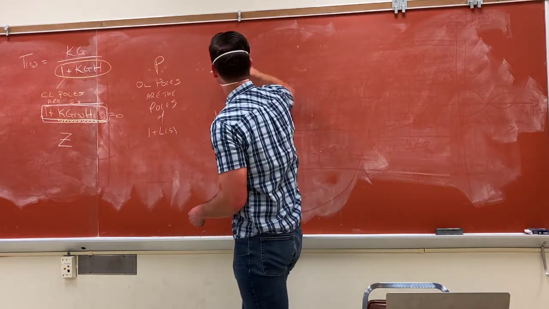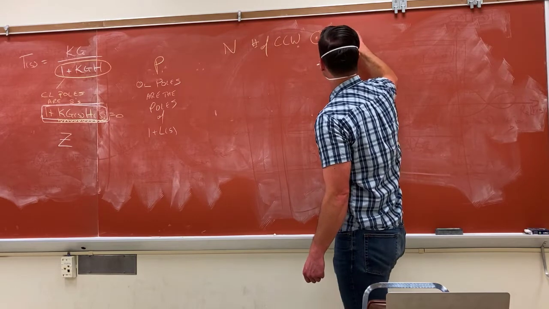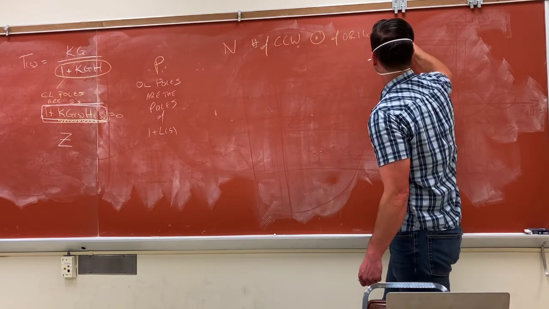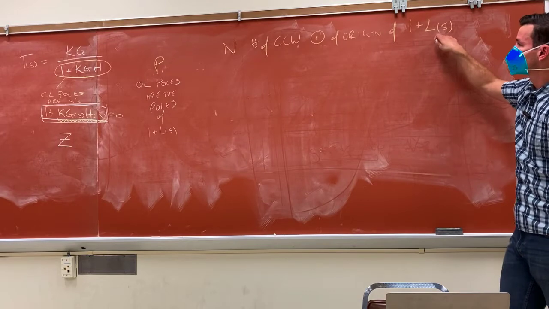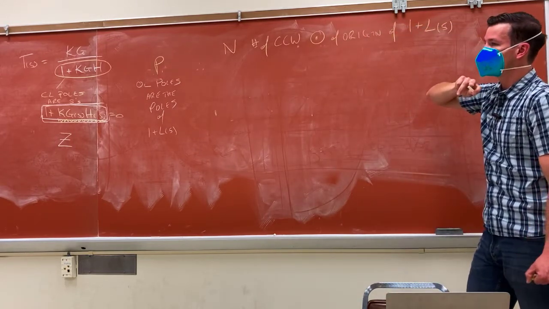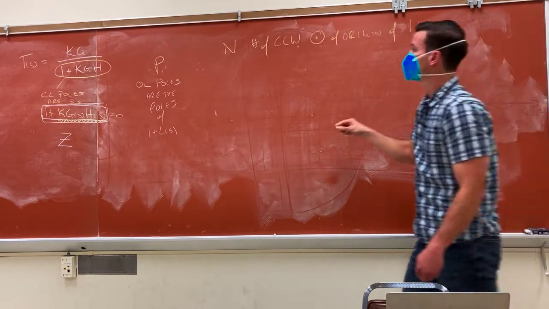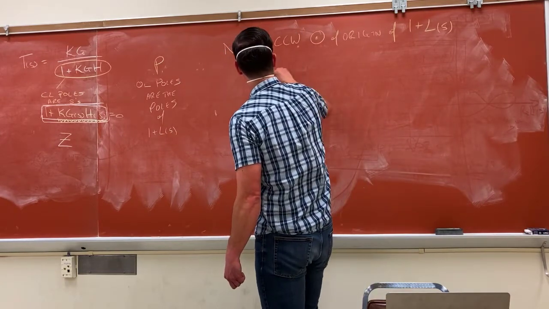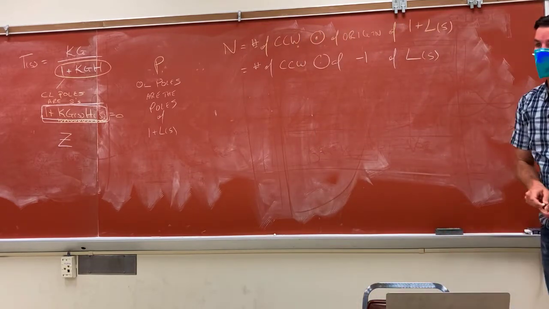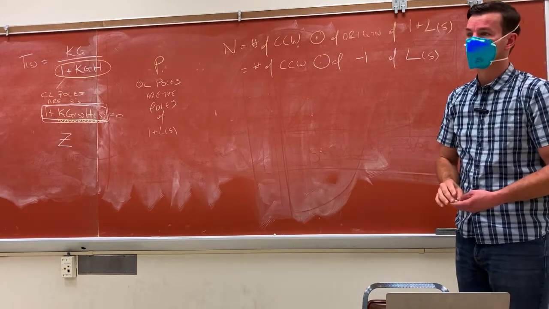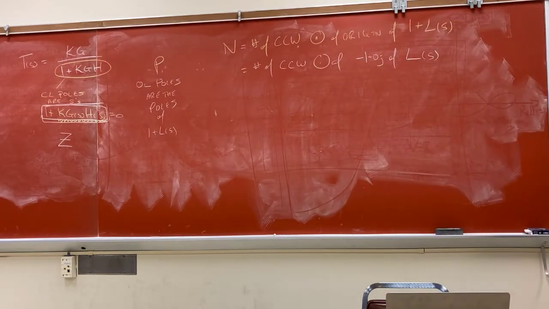So N, we're going to say the number of counterclockwise encirclements of the origin of the function 1 plus L. If I know 1 plus L encircles the origin n times, I know that L encircles -1 n times. -1, not 0. -1 plus 0j, that point on the S-plane, or on the complex plane.